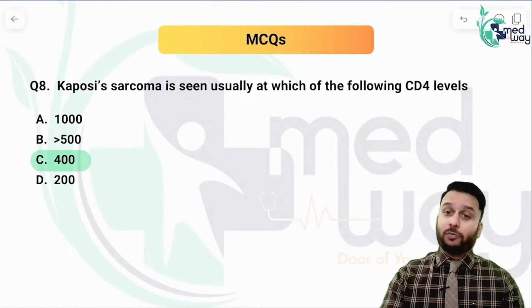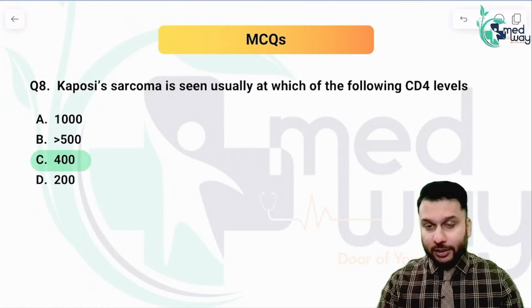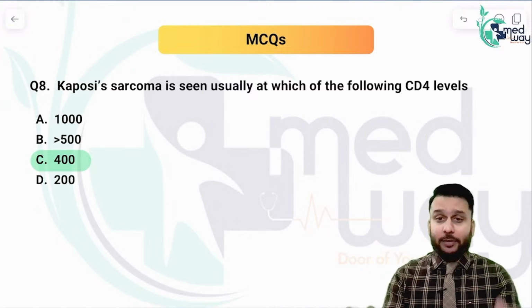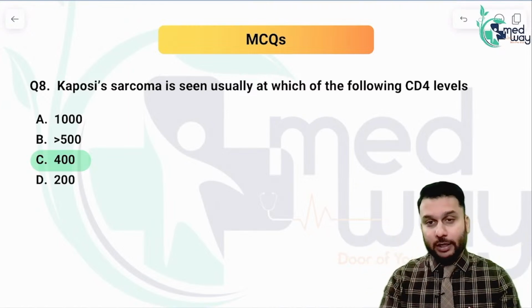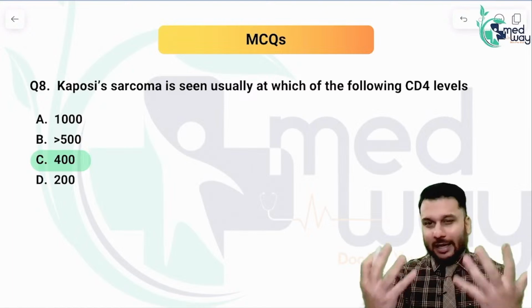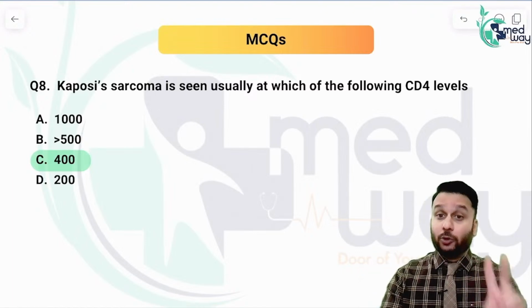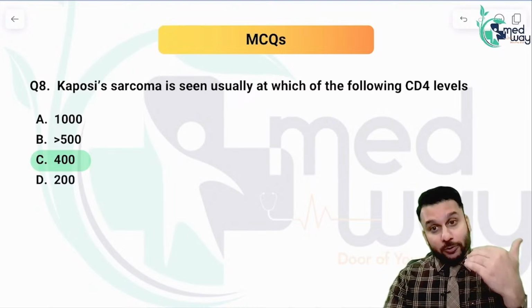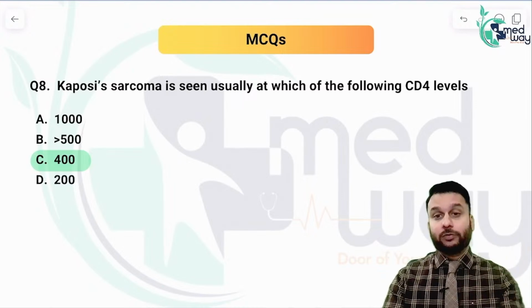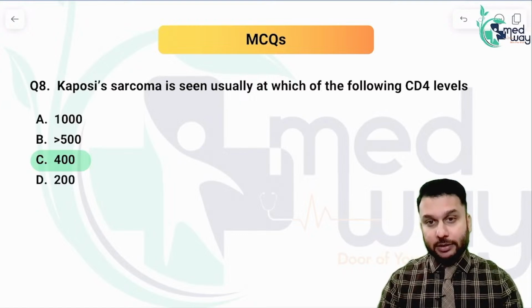TB is one of the most common infections happening in HIV patients, but that can happen at any CD4 count. It's not specific. It can happen at any time, although it is less than 500. Okay, at 200, who do you see? At 200 you see Cryptococcus, this guy called pneumocystis, etc., etc.